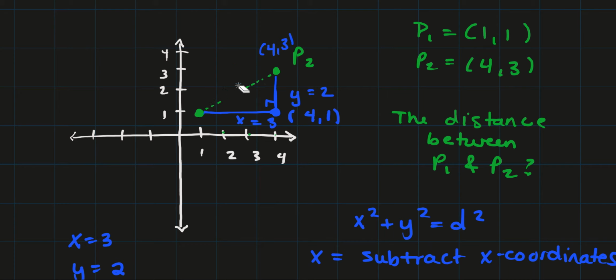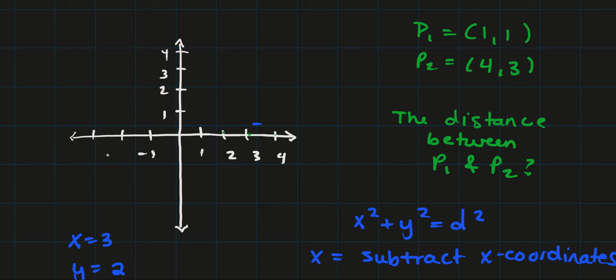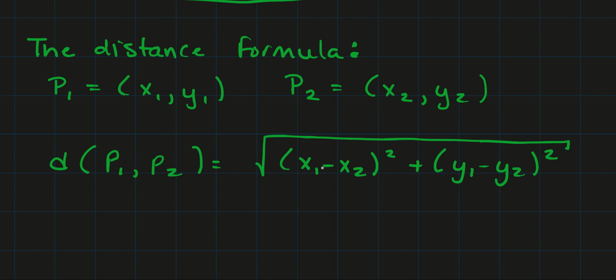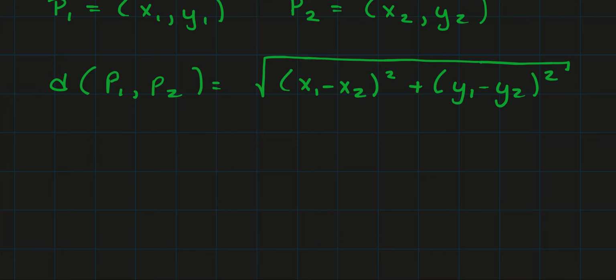So if we have points like, let's say, (-2, 1) and maybe (2, 2), and I want to find the distance between these 2 points, we can use this distance formula. Okay? So let's try using this with 2 random points.